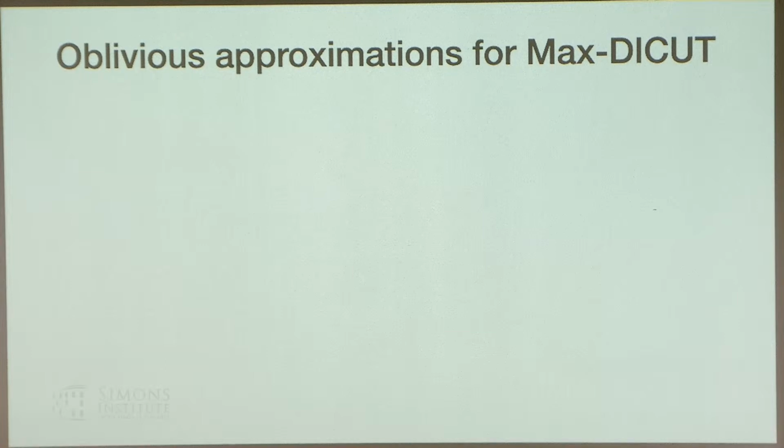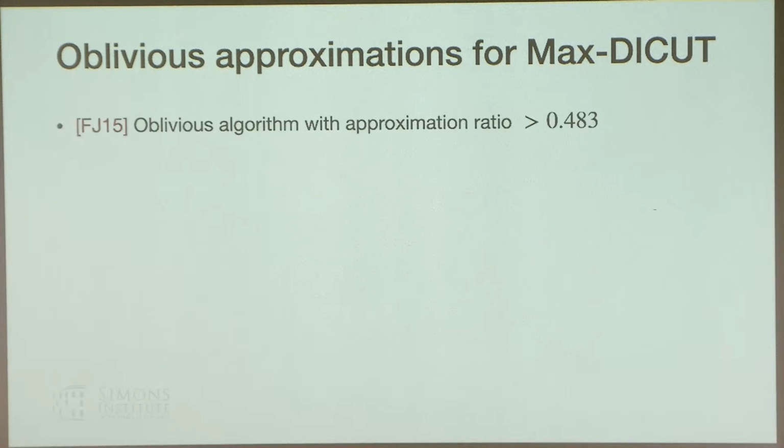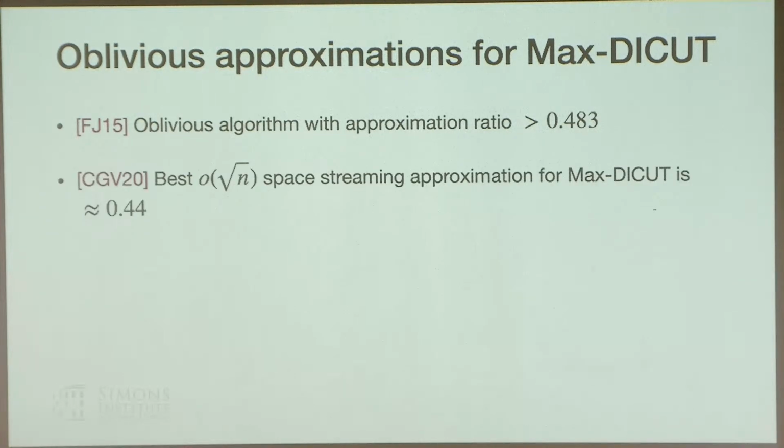Now, what are known oblivious approximations for Max-DICUT? Feige and Jozeph, in the same paper where they introduced this notion of oblivious algorithm, showed that you can get oblivious algorithms for Max-DICUT that have at least 0.483 approximation. And this is in contrast to our best little o of root n space streaming approximation for Max-DICUT, which is only 0.44.